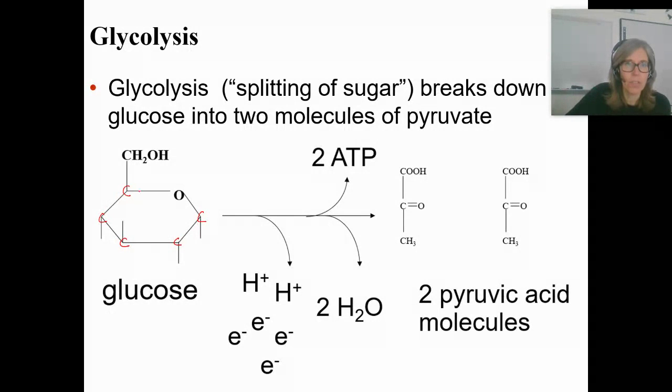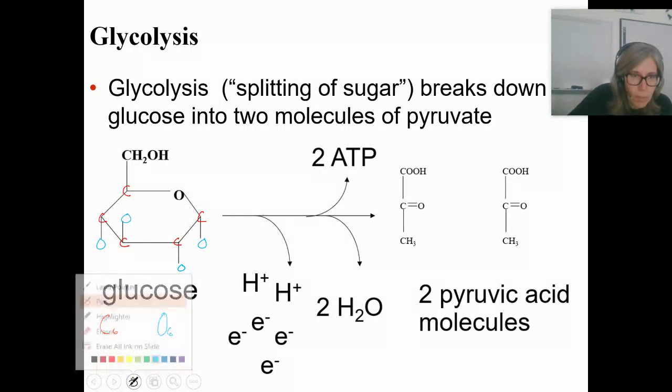So each of these is a carbon, 1, 2, 3, 4, 5, 6. That's C6. And then the oxygens are shown. Here's one. There'd be another one here, here, here, here, and here. So that's 1, 2, 3, 4, 5, 6. So that's the O6.